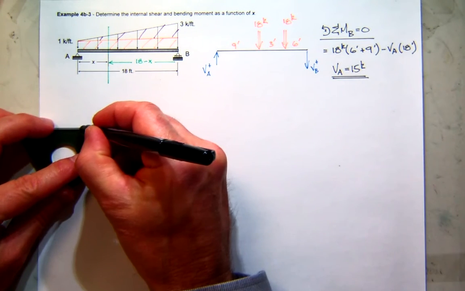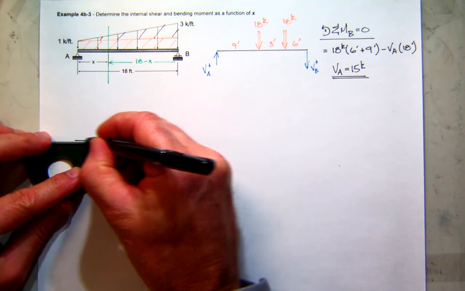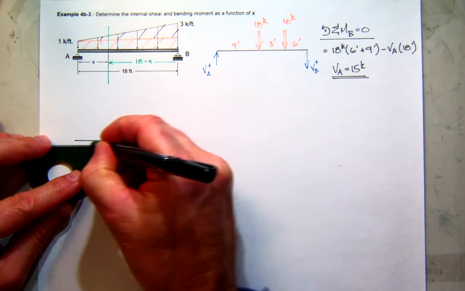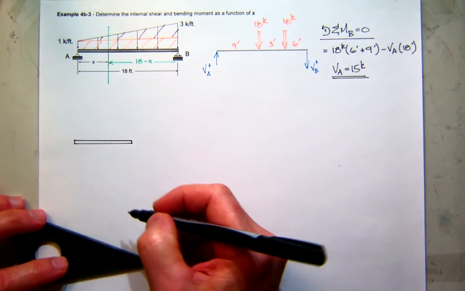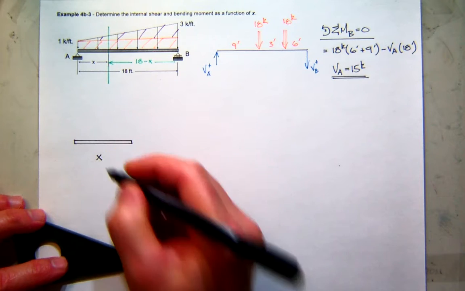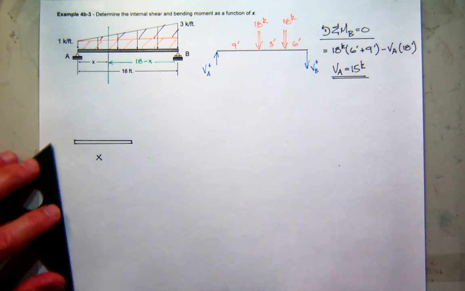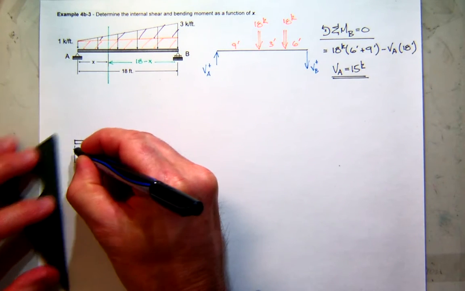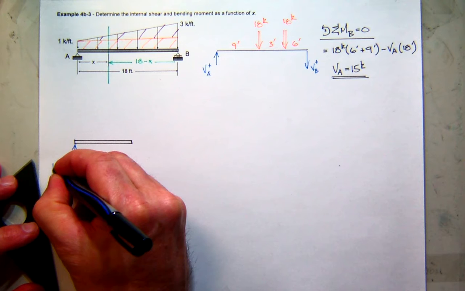So I'm going to come over here. I'll try to draw this a little bigger so you can see it easier. So we're going to cut this at some distance x. I know I've got my shear force acting up here of 15.